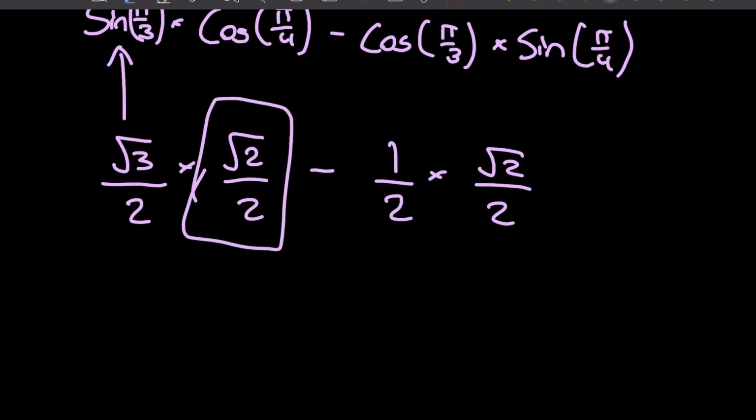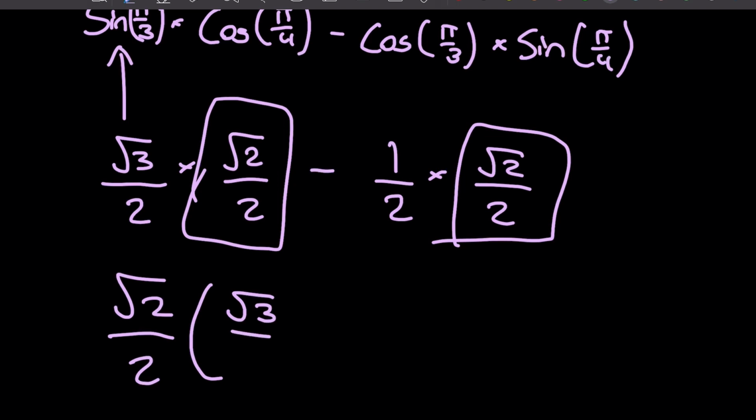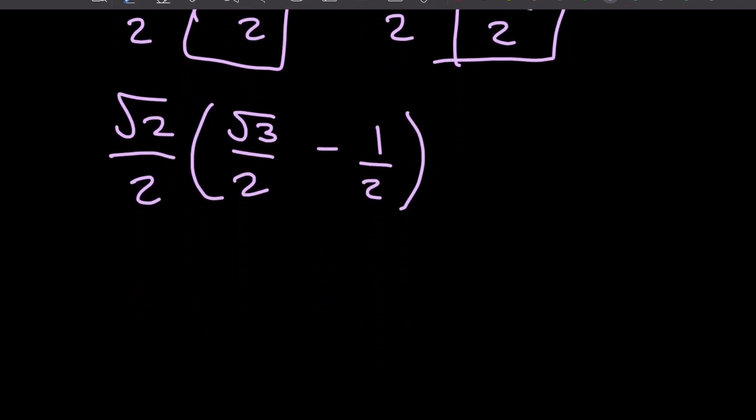So we can factor it out, and we'll have root 2 over 2 multiplied by root 3 over 2 minus 1 over 2. And this is how we would evaluate it without having a calculator, and that's exactly what the question would have asked you to do.